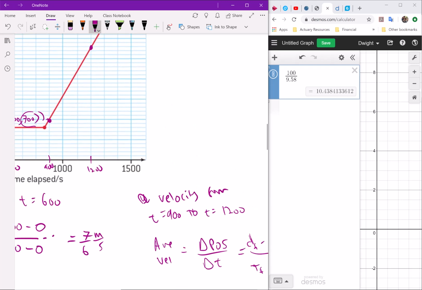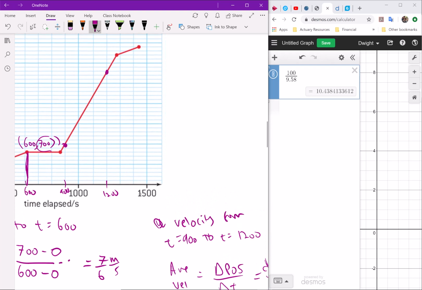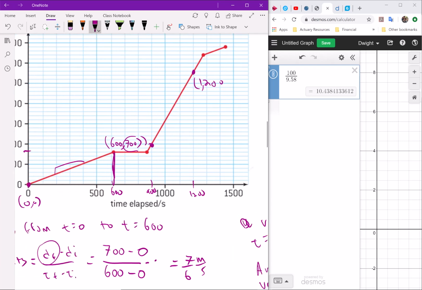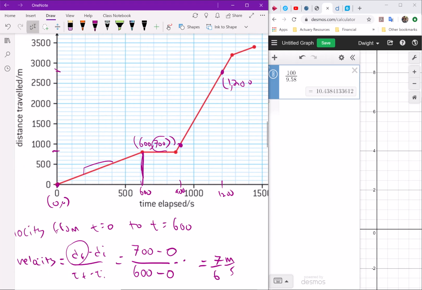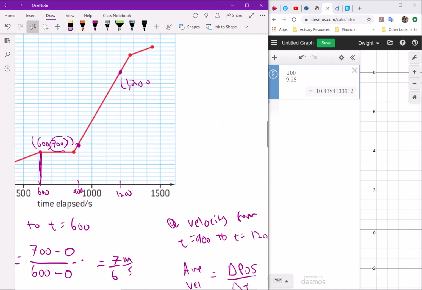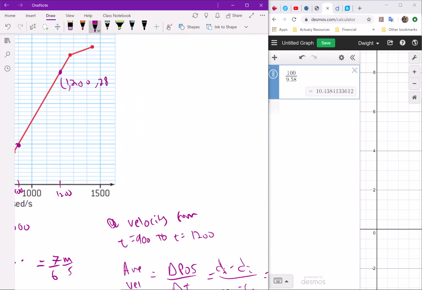So in this case, this point here is 1,200, and the y value is right about there, which is 25, 26, 27, 28. Right, so this is the final time, and this is the final distance, or the final displacement.